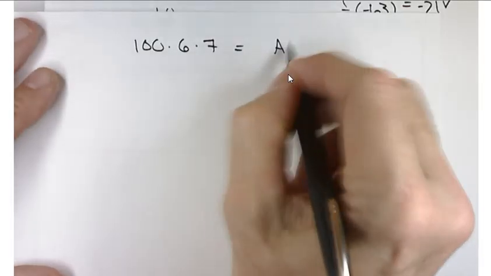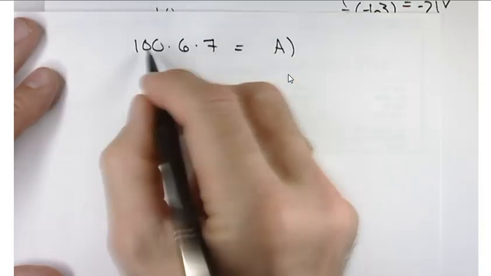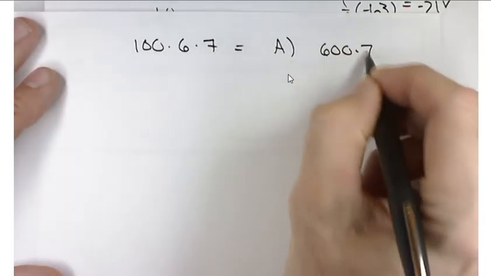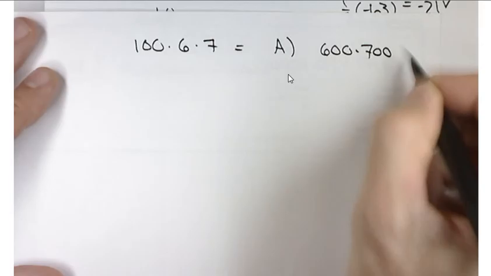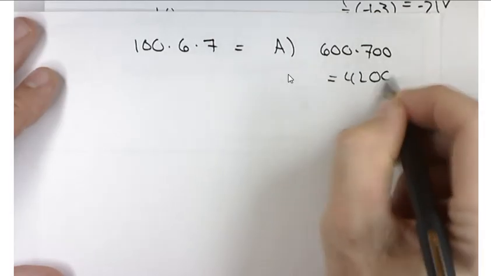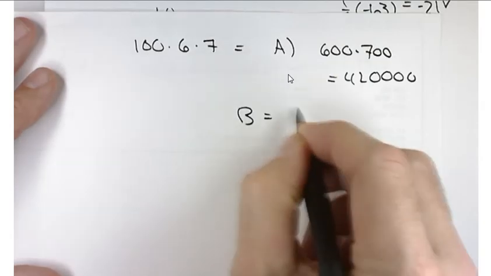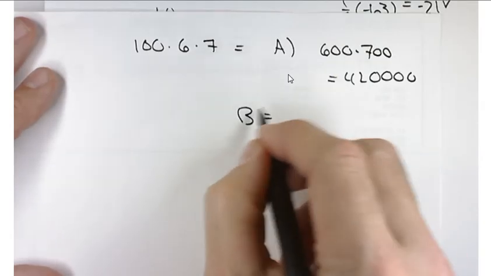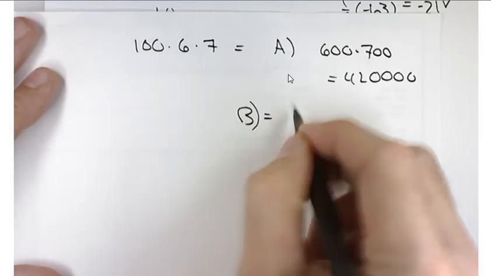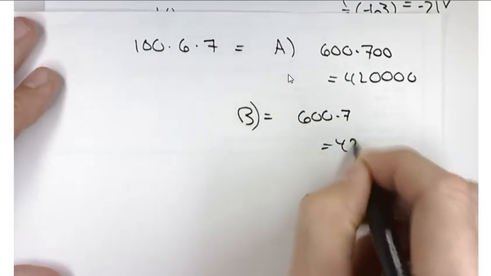Is it A, 600 times 700, which is 420,000? Or is it B, 600 times 7, which is 4,200?